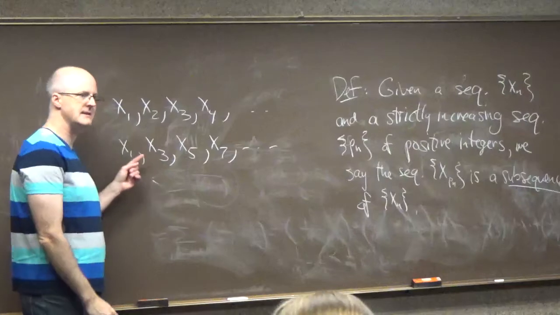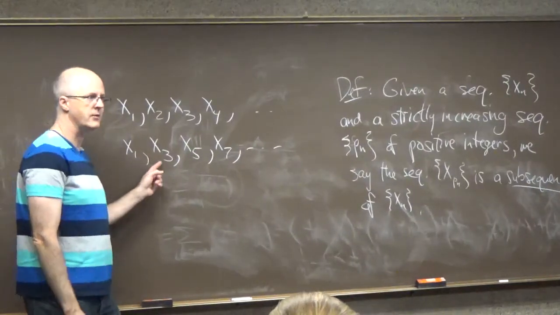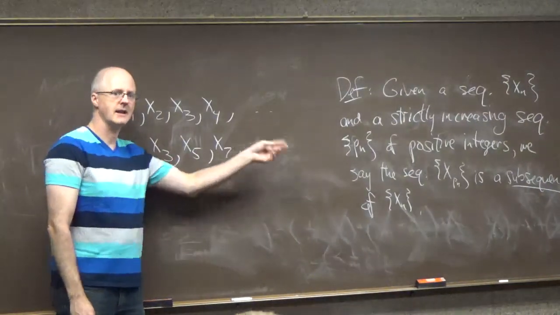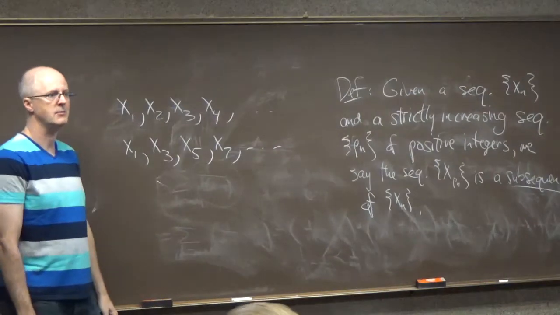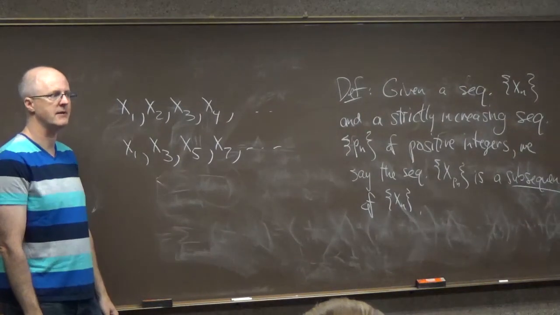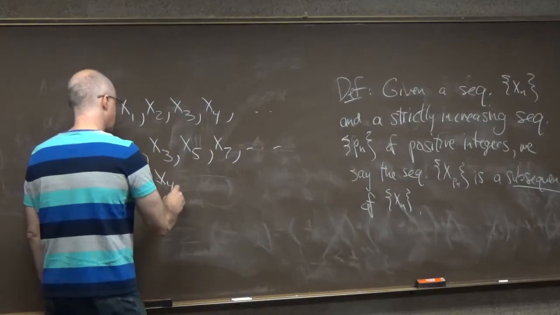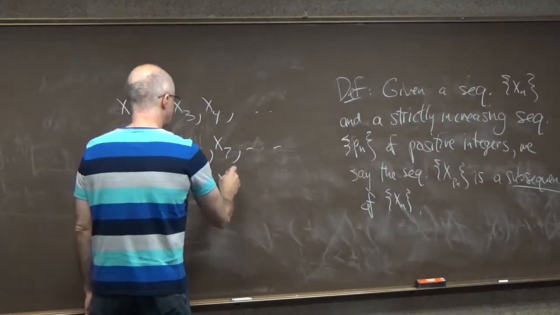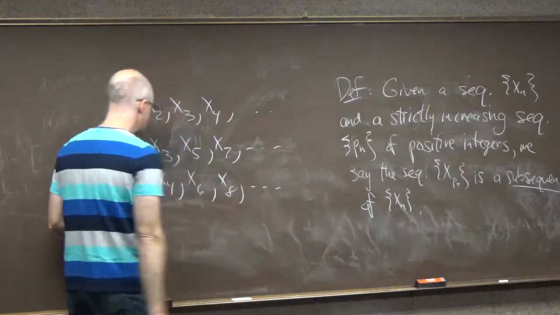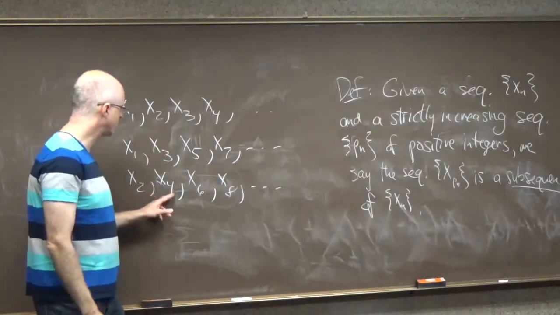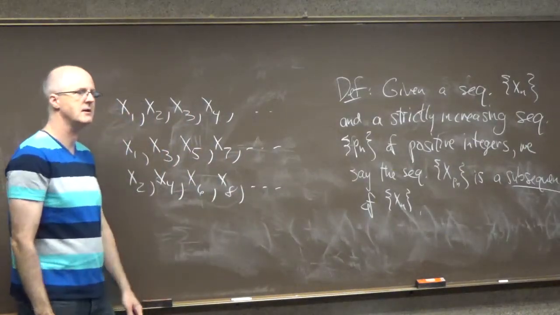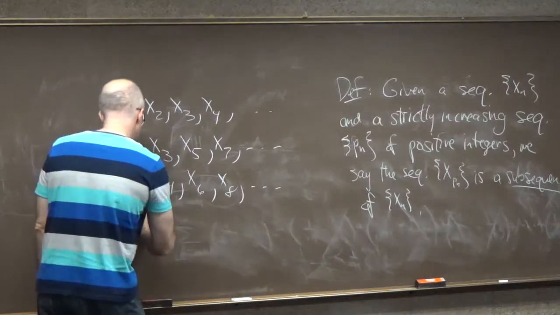The P sequence in this case would be 1, 3, 5, 7, 9, 11, etc. That would be a strictly increasing sequence of positive integers. You could pick just the even subscripts. The P sequence in that case would consist of 2, then 4, then 6, then 8, then 10, etc. You could pick prime subscripts.